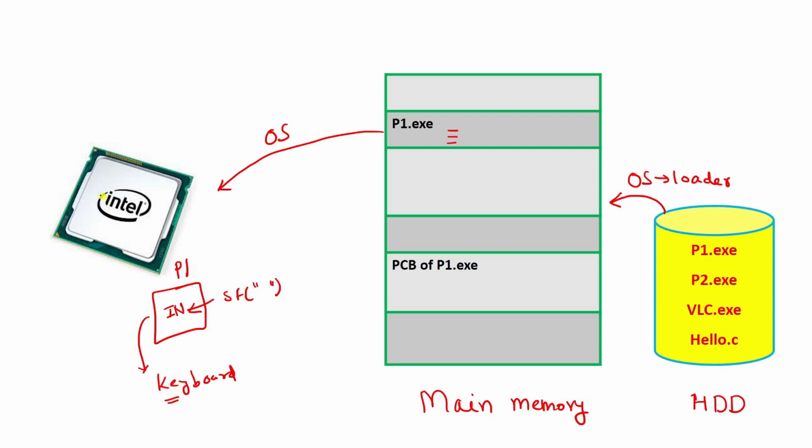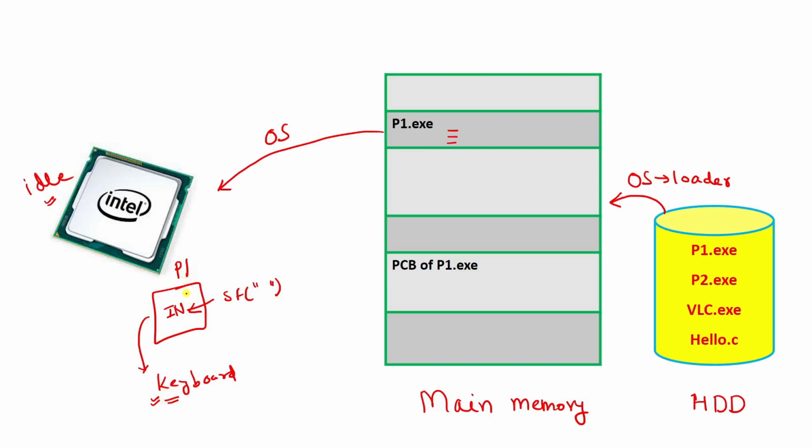Now in the meantime this CPU is idle, okay, and there is no other process inside the main memory which OS can start and give to the CPU. So there is no process, so this CPU will remain idle till the time P1 gets the data from the keyboard and starts executing further, right?